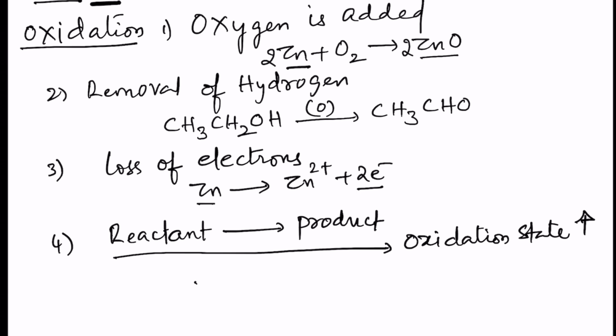Now what is the oxidation state of zinc? 0. 0 is changing to Zn2+, 2 positive. 0 to 2+, an increase in oxidation state. So zinc is undergoing oxidation. So these are the 4 important points that you need to remember whenever you are discussing oxidation.